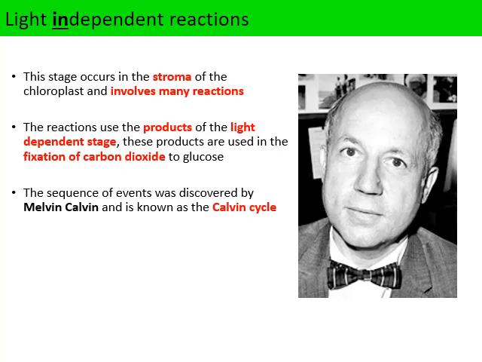And he also noted that 2 molecules that were produced in the light from the light dependent stage were needed to drive the Calvin cycle. And these were ATP and reduced NADP. So these are 2 products of the light dependent stage that will be needed to drive the light independent stage that will make glucose in the Calvin cycle.